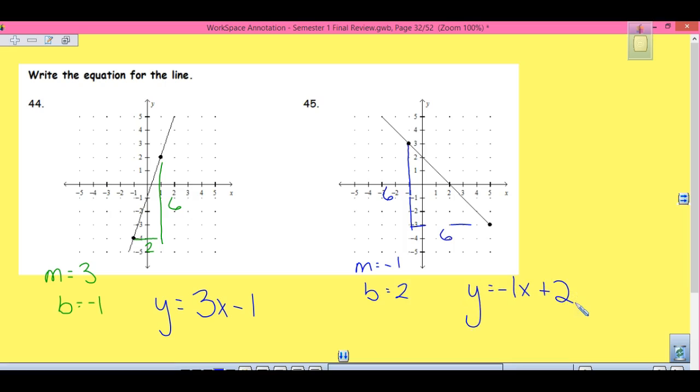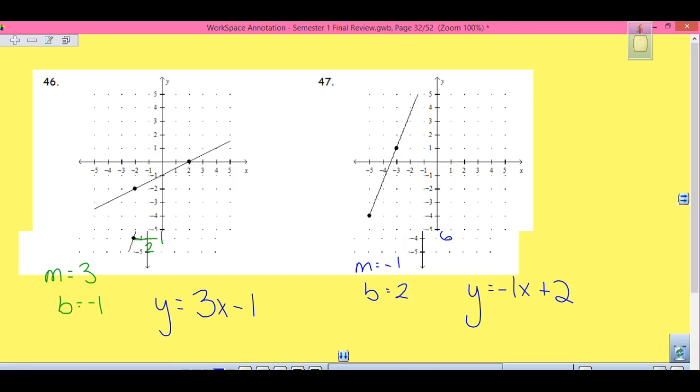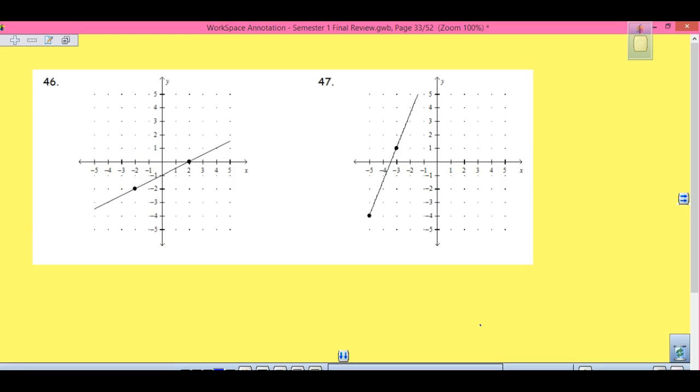Good. Okay, this guy, rise, run. So my slope is 1/2. My y-intercept is negative 1. So y equals 1/2 x minus 1.